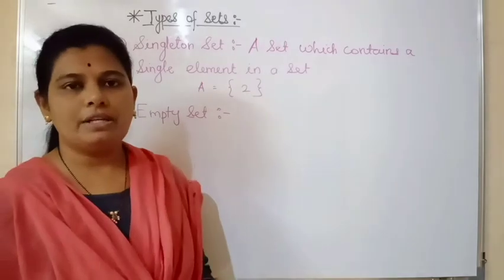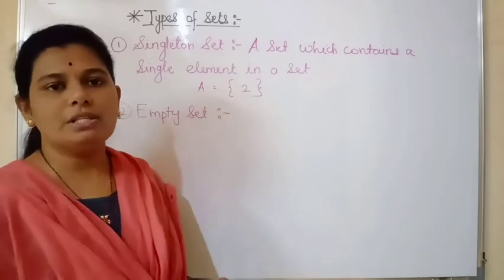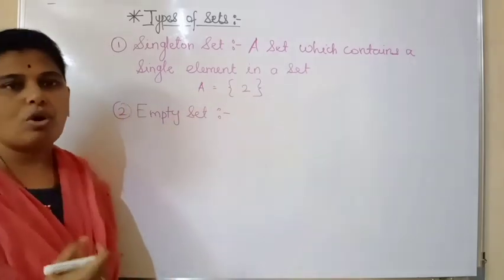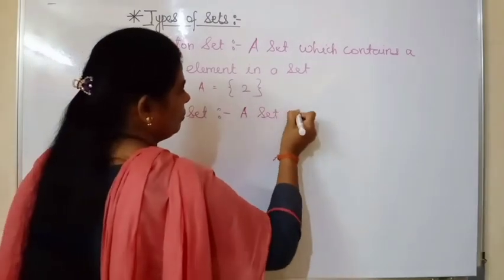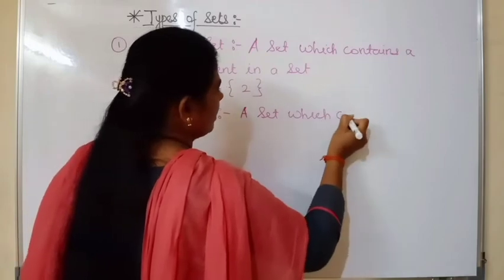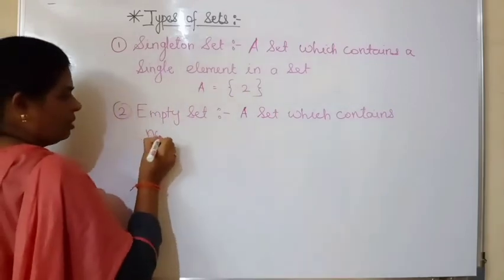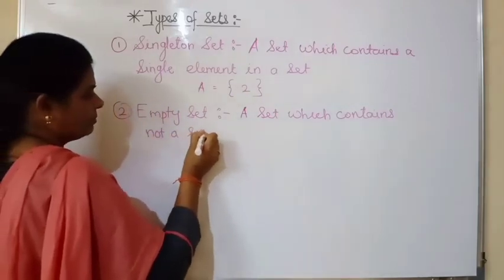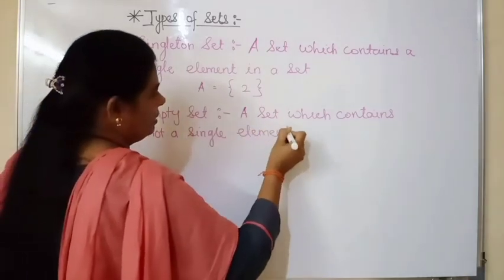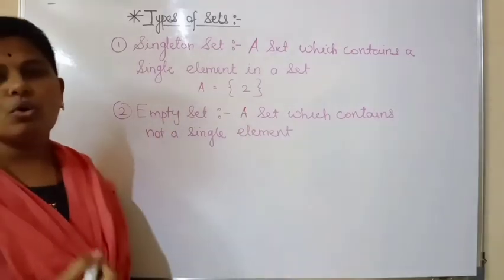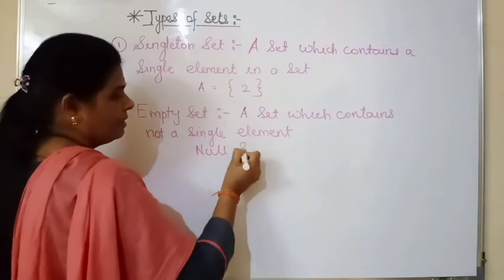A set which contains not even a single element is called an empty set. Let me tell you here one thing: the empty set is also called a null set.